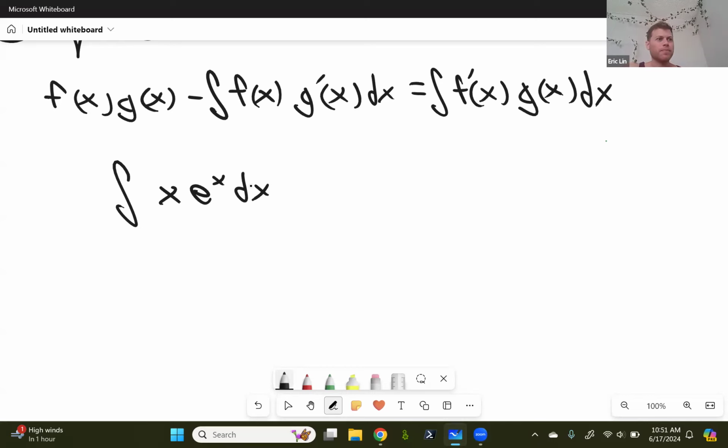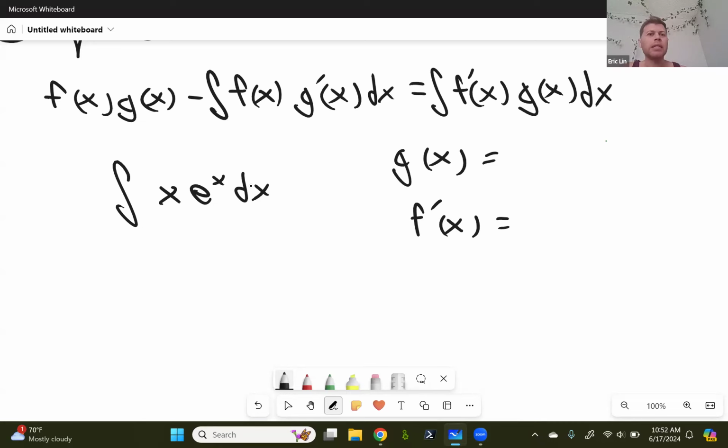Okay. So what I want to consider is I want to name my g of x and my f prime of x. And I've only got two options. So there's only two possibilities. And a lot of times you will have a case where one works and one does not. Very rarely, both of them will work, but generally speaking, you'll get a situation where you have to choose correctly.